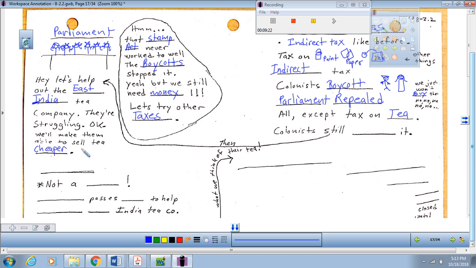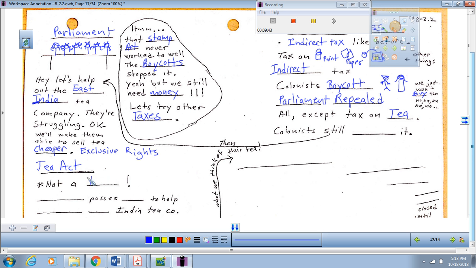They gave them exclusive rights in the colonies to sell tea. And this law, which would help out the East India Tea Company, was called the Tea Act.